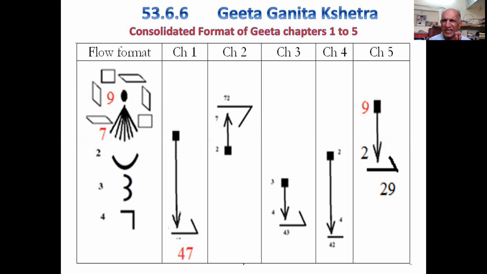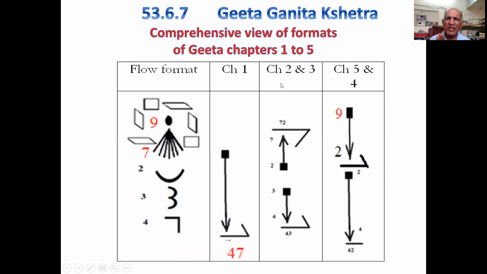depicted distinctively chapter wise, and also the complete comprehensive view as well as of chapter 1 on the one hand, 2 and 3 followed by 5 and 4. It is this comprehensive view of the formats of Gita chapters 1 to 5 which are ultimately going to be our learning.